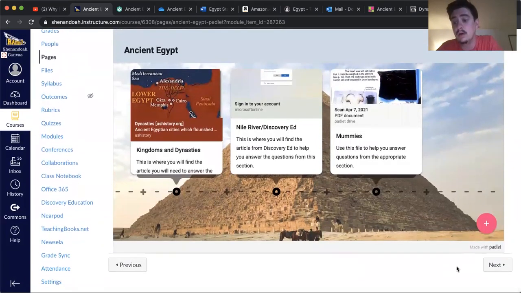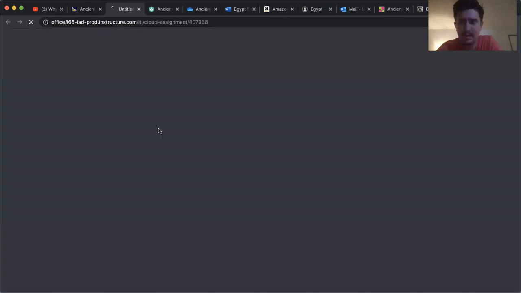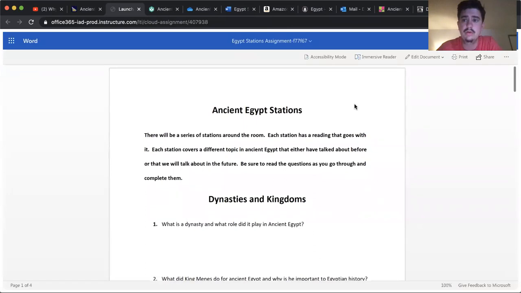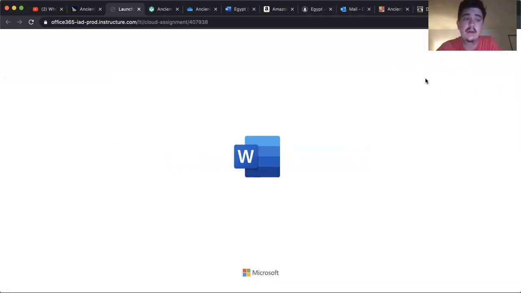If you click on the next page of this module, you'll open up the article there, and it will have you open a new window, obviously. I'll go ahead and do that. And then it will take you, hopefully, to this right here. Before you answer the questions, make sure that you click edit document and then edit in Word.